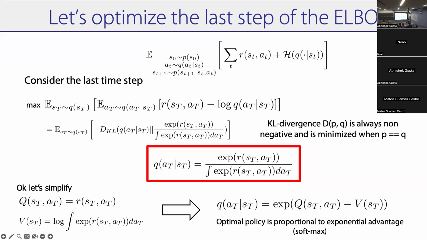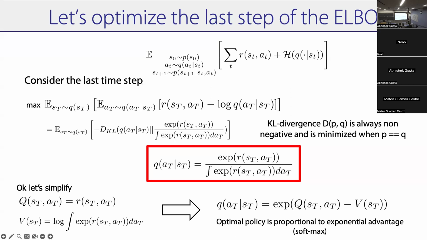Okay, so the point here is that we got the optimal policy at the last time step. Intuitively it makes sense: it's a softmax over the Q values, higher for things that have higher rewards and lower for things with lower rewards, and also equal to the exponential advantage. But at the last time step, Q values and value functions don't really make sense, so let's go to the second-to-last time step and it'll make more sense.